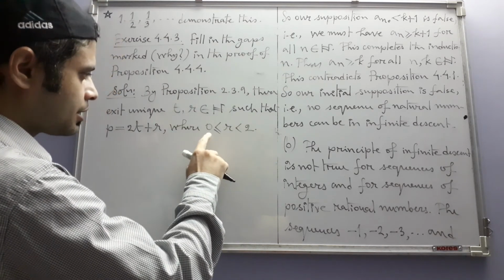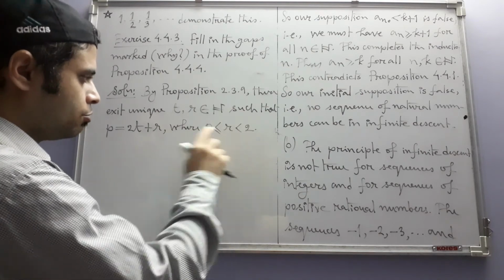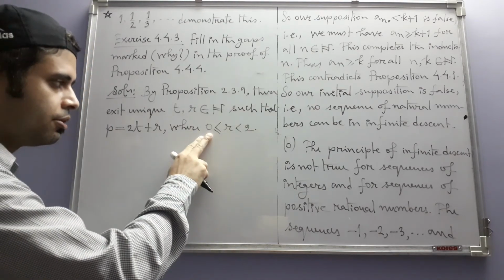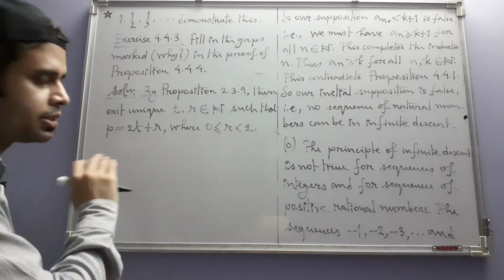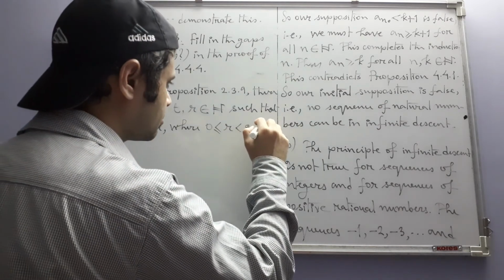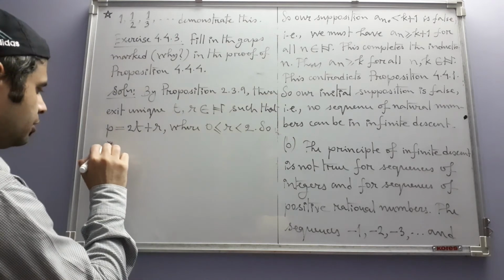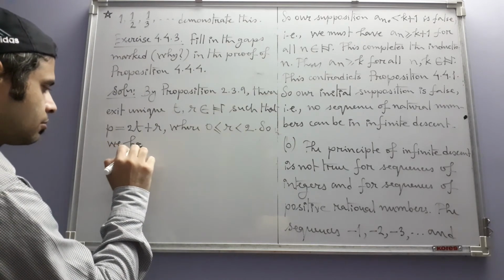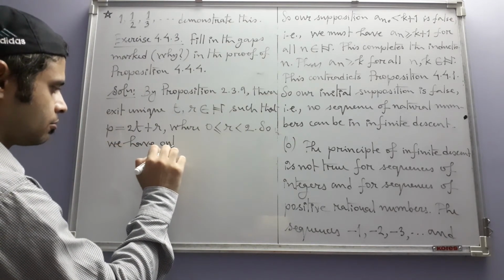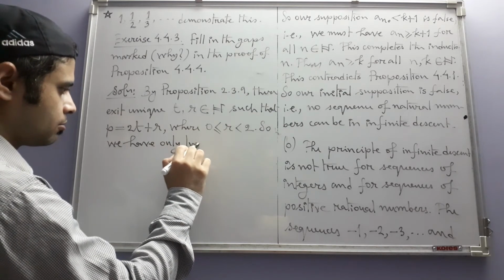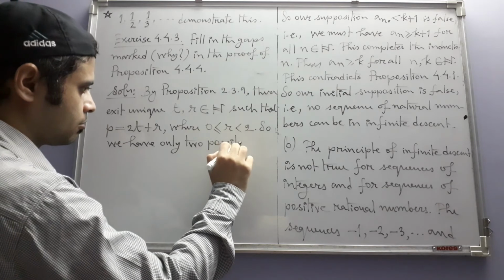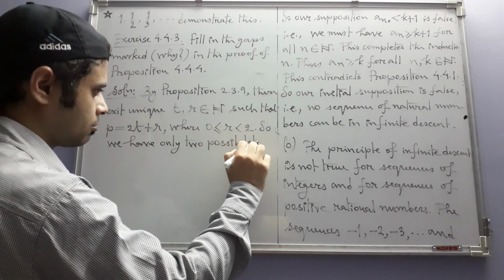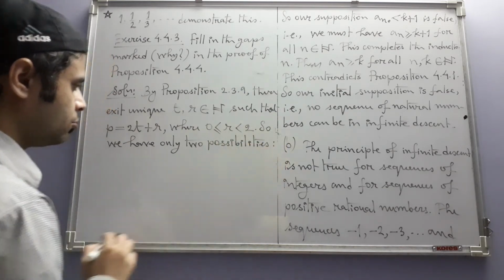So because r has only two possibilities, one of them is 0 and the other is 1, let us see what happens in each case. So we have only two possibilities.